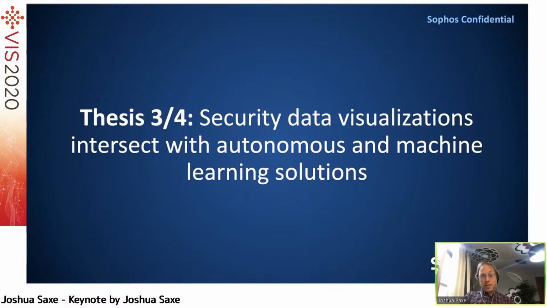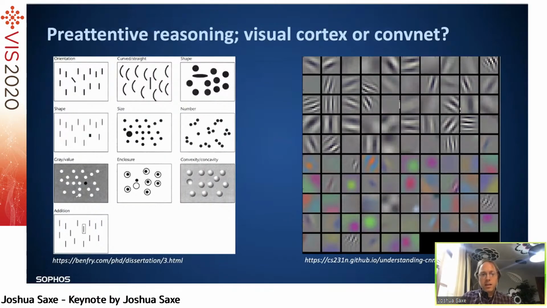Okay, third thesis. VizSec intersects with AI in interesting ways that I think raises some opportunities and also raises some challenges. Like I said at the beginning, our ability to do preattentive reasoning on data in our visual field is quite striking.